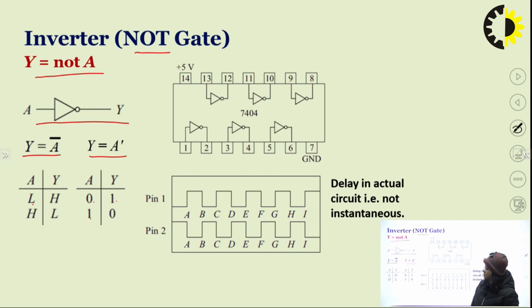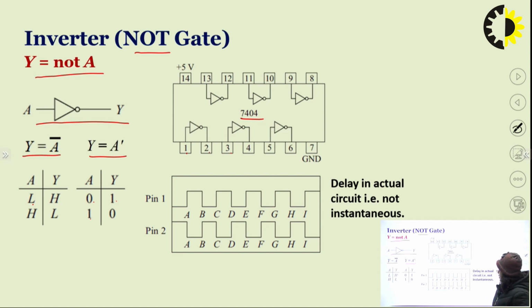The IC for this logic gate is 7404, and it consists of 6 NOT gates. It's a 14-pin IC with pin number 7 as ground and pin 14 as plus 5 volt. Pin number 1 is input, 2 is output, 3 is input, 4 is output, and so on.